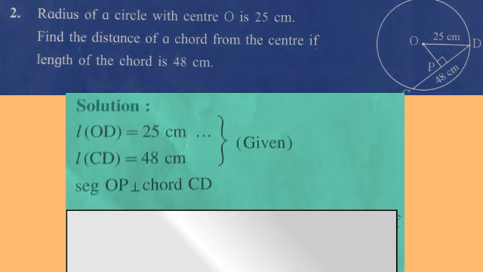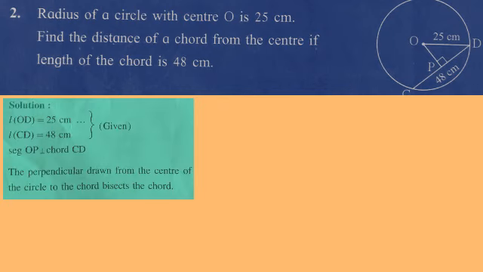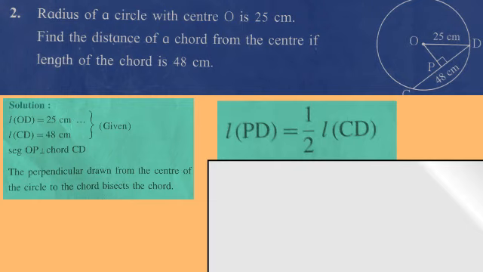Now students, if you look carefully, you can see that again the first property of chord is applicable. So let's write the property. The perpendicular drawn from the center of the circle to the chord bisects the chord. So by using this property, we can easily find the value of PD.